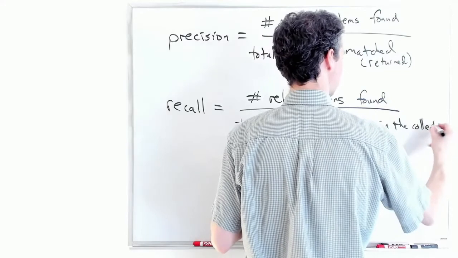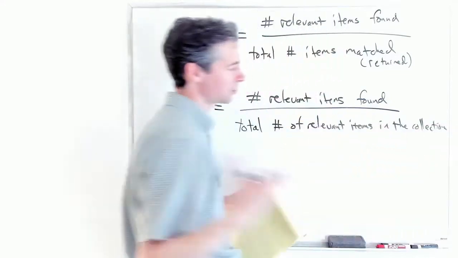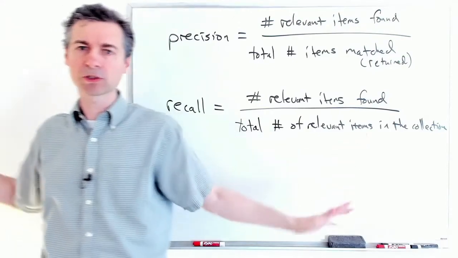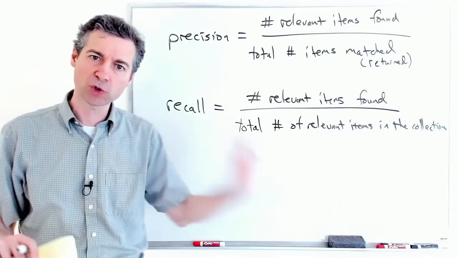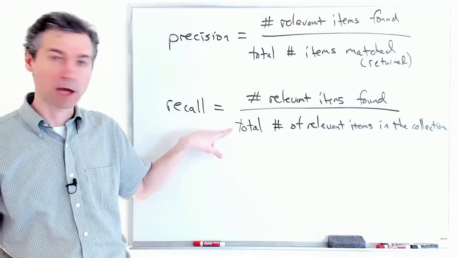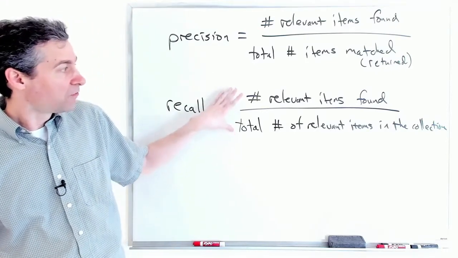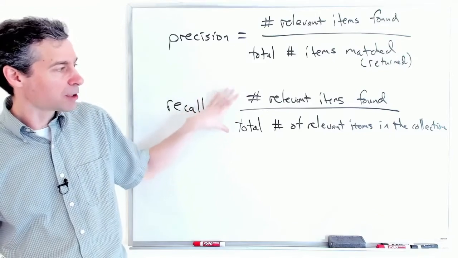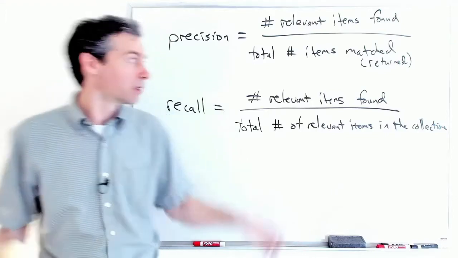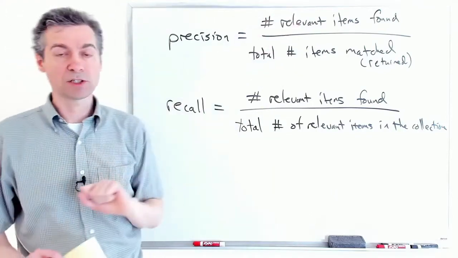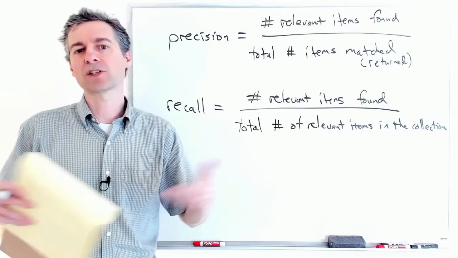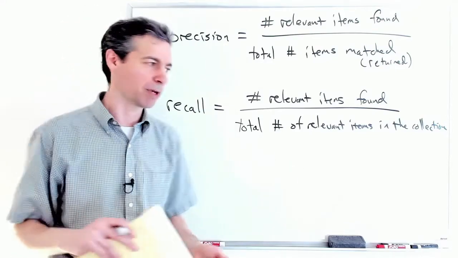So out of, let's say, the whole library and items, let's say books, if we could go through all of the books in the library and identify which ones are relevant, that would be in the denominator here. So finding how well am I able to find all of the things that might be of use to me, and the issue of the things that were matched, what fraction of them actually were things that I cared about.